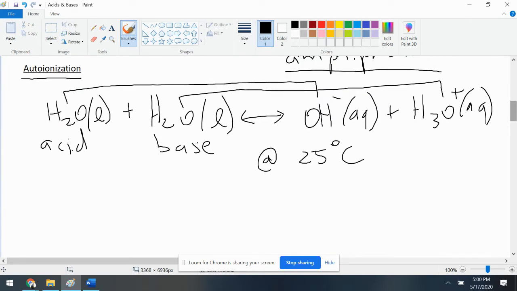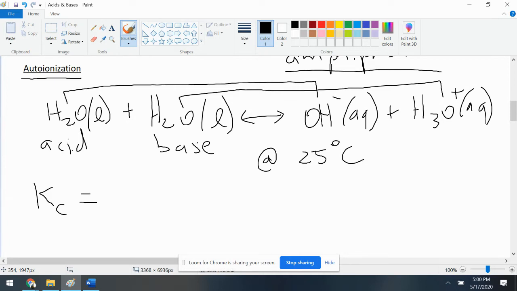So I'm going to set up my equilibrium constant, which I'm going to call Kc. C is your concentration. I'm going to set it equal to my products over my reactants. Before we do that, you have to make sure the equation is balanced, and by looking at it, it is balanced.